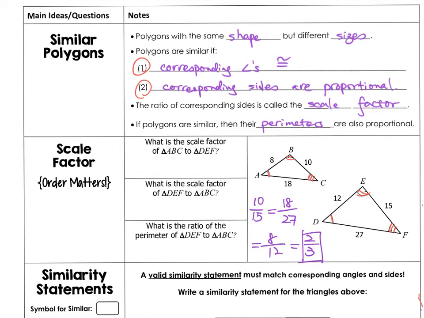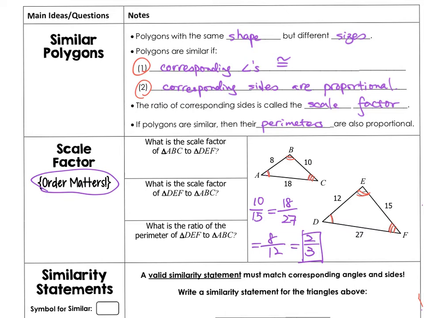And that's what this note here means. It says order matters. So you really have to look carefully. I did 10 over 15 because I looked at angle A from the first triangle, and then I looked at the corresponding angle, angle D, and what faces angle D is 15. So you cannot go from 15 over 10, because then you won't find 2/3, you'll find 3/2.